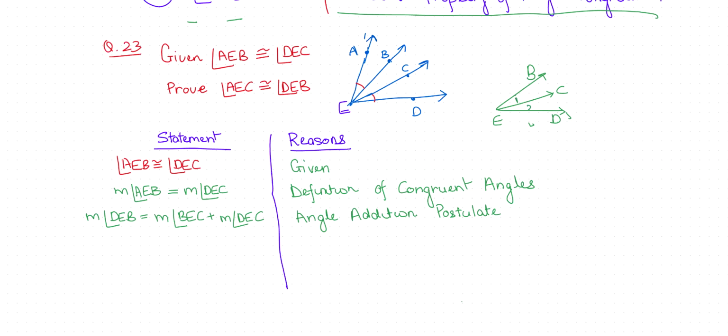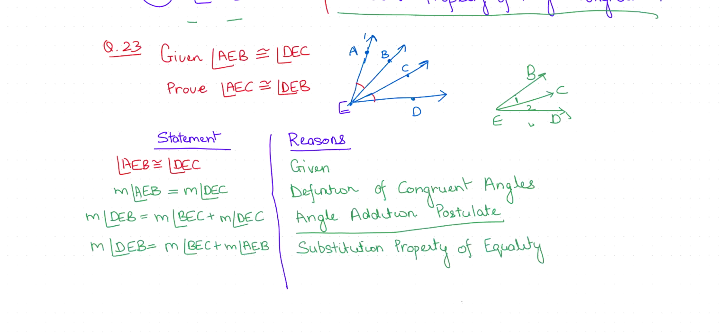Okay, so we are using angle addition postulate here. Since it was given AEB is equal to DEC, we'll substitute DEC with AEB, using substitution property of equality.